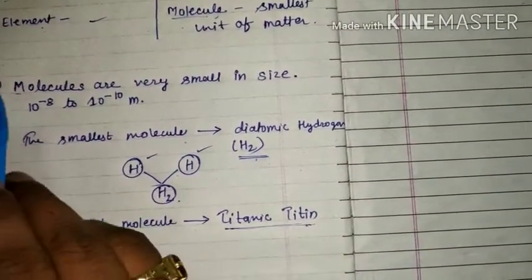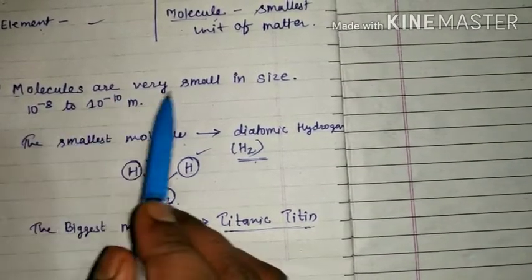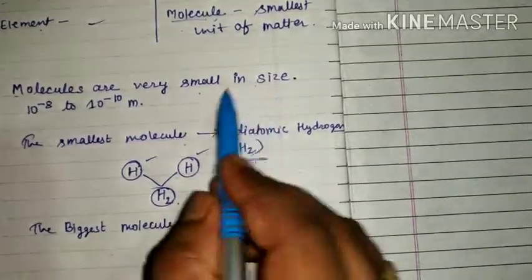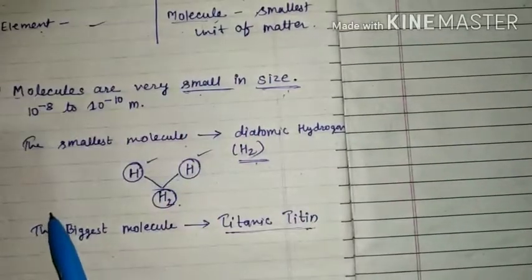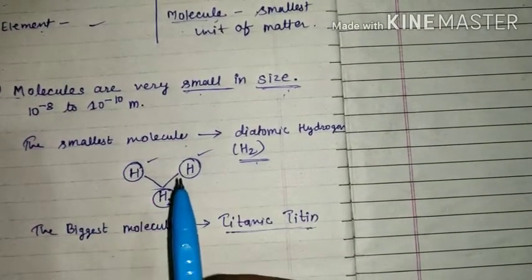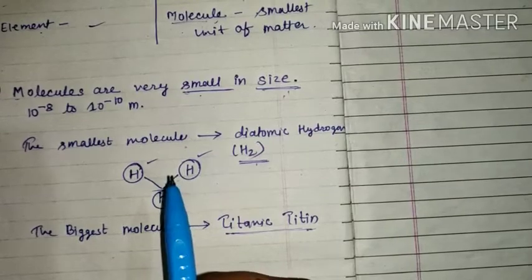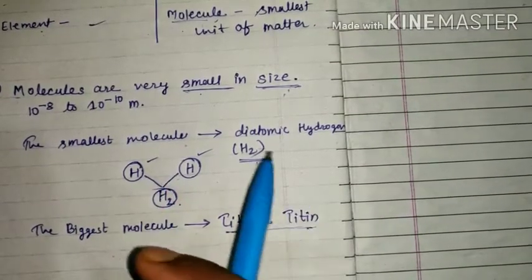So molecules are very small in size. This is the first property of molecules, and the size is very small, so we cannot see them with our naked eye.